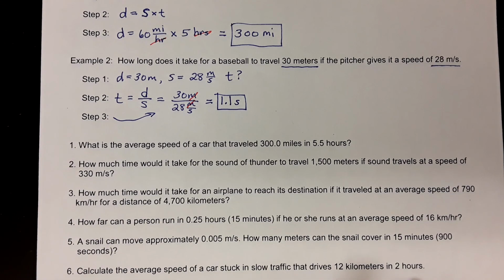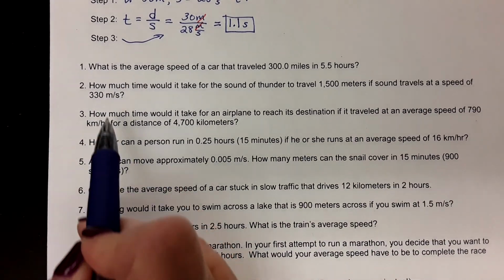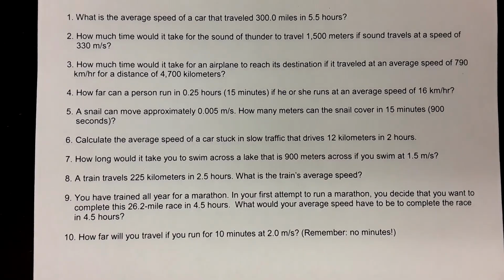Now, you're going to apply this process to these 10 practice problems. You need to be good at using the speed formula, speed equals distance over time, and let the triangle help you, all right? Now, I don't believe I have any conversions on here except, I thought there was one.